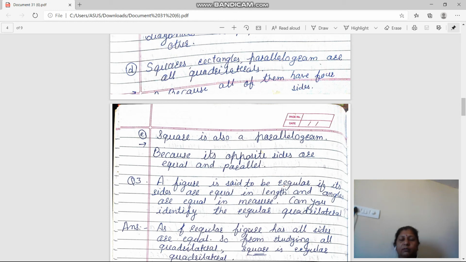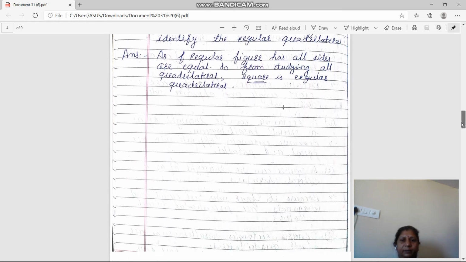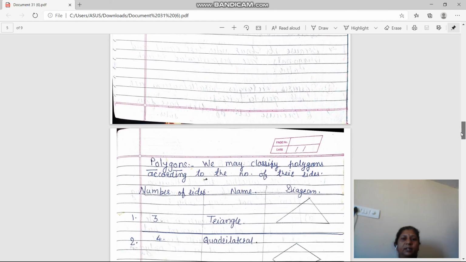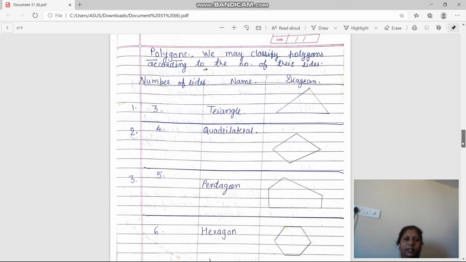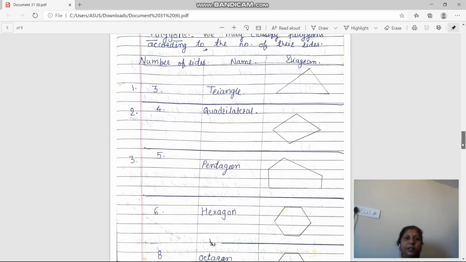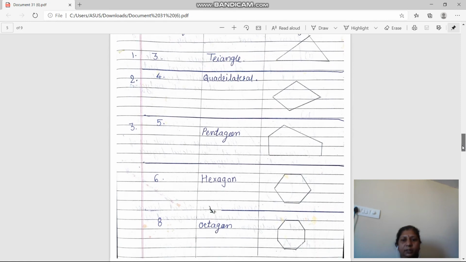Yes, definitely square, because all its sides are equal and all angles are equal. That's why square is a regular quadrilateral. We missed this question, so I have repeated it. Now we are studying these polygons, so you have to practice the diagrams and remember the number of sides of each polygon.